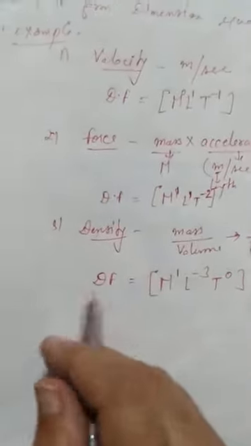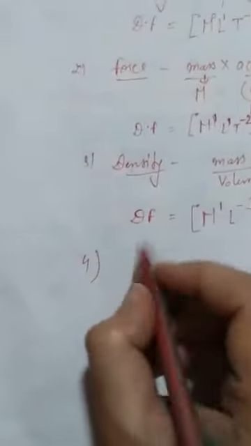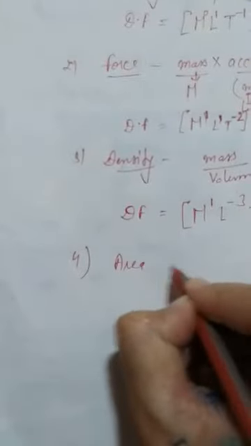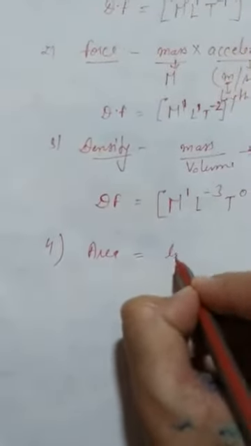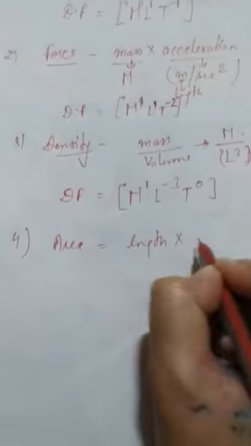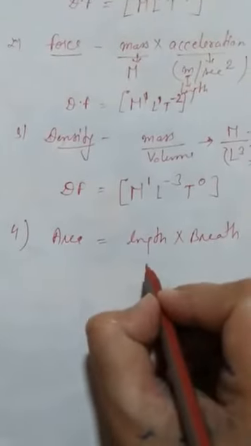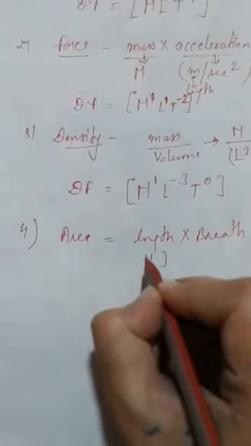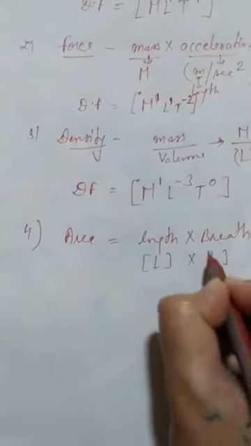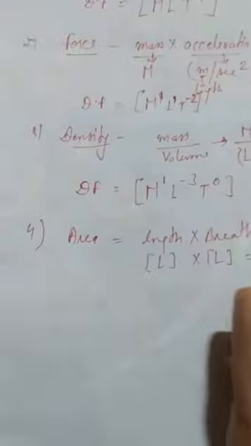For example, area. Area equals length into breadth. There is L and there is L, so we write L square.